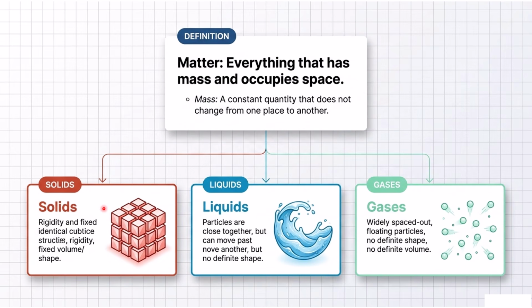Solids such as iron, aluminum, magnesium, and so on. Liquids such as water, juice, vinegar, and gases such as hydrogen, oxygen, nitrogen, and so on. In this year, we talk about properties.